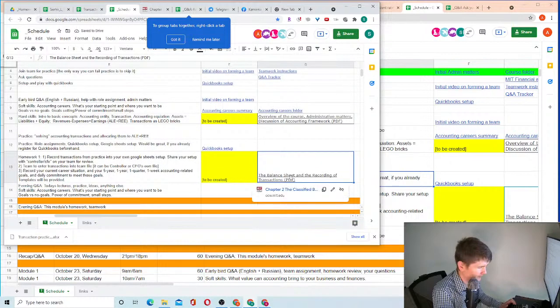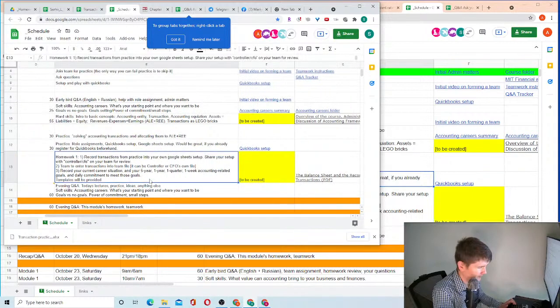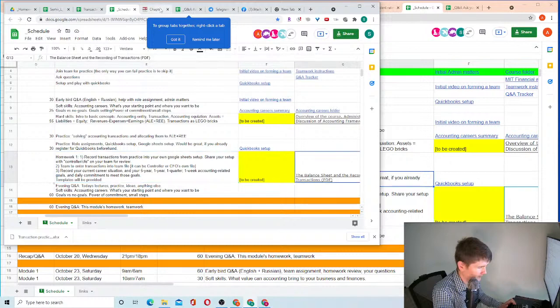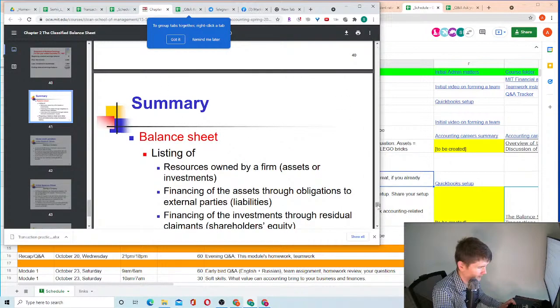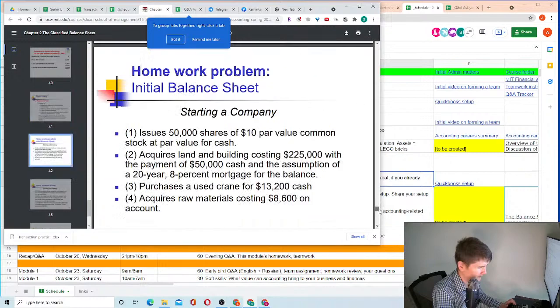I put a link to chapter 2 in the schedule, and at the end of the file you will be able to find the transactions which I want you to practice.